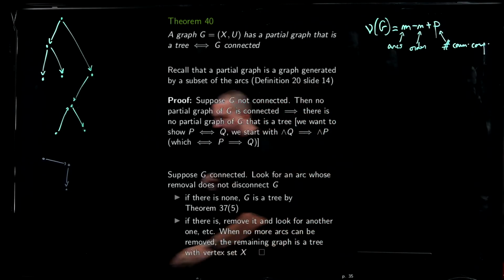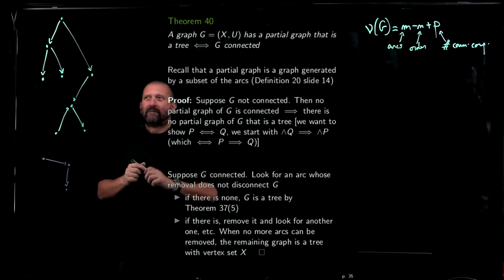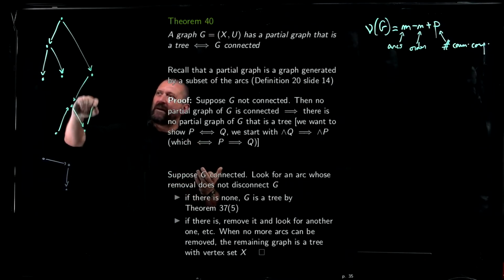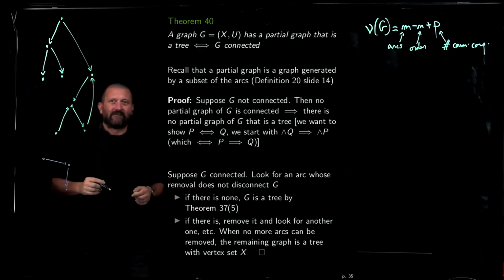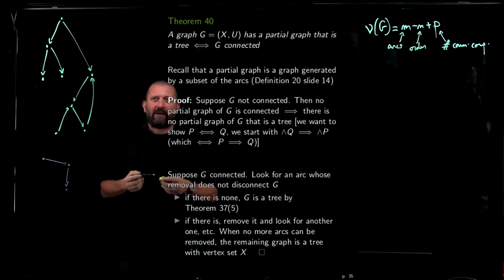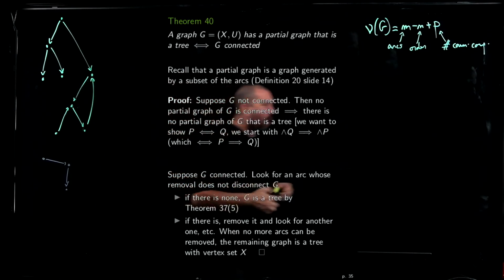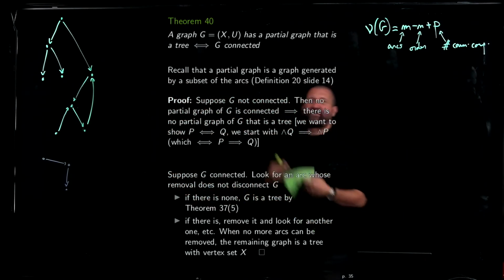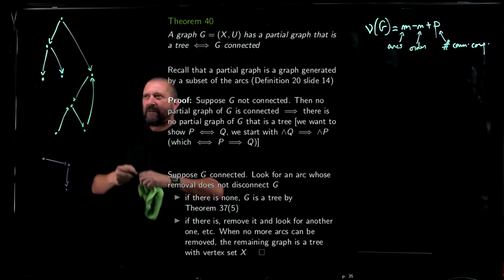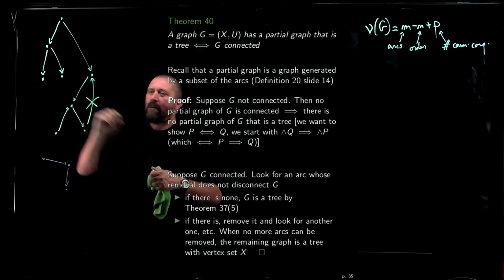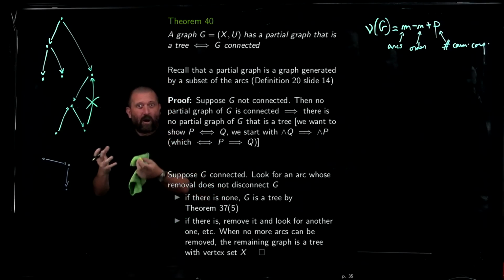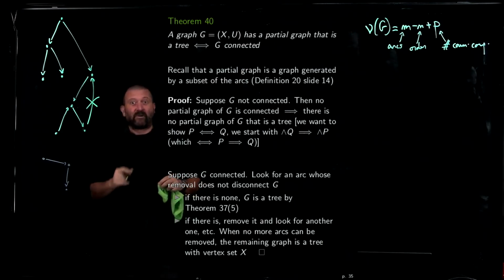What that means in practice is that if I have cycles, let me make this a cycle, then this is a connected graph and it has a cycle, but if I get rid of this arrow, sorry, it's a partial graph.